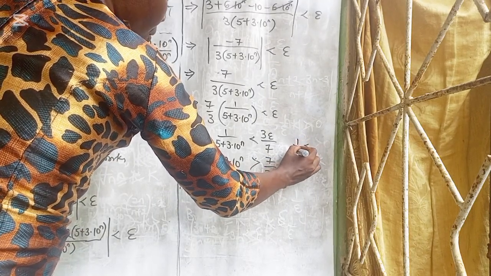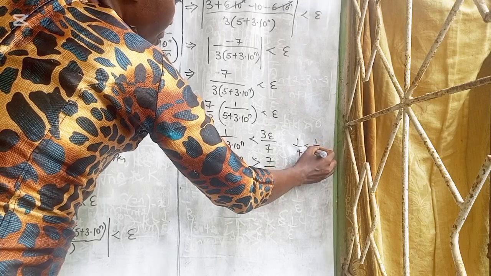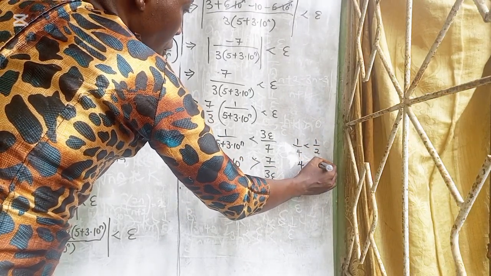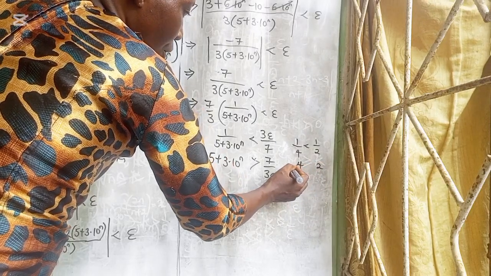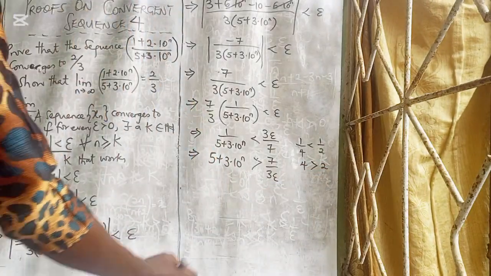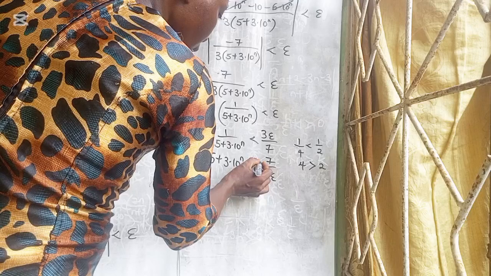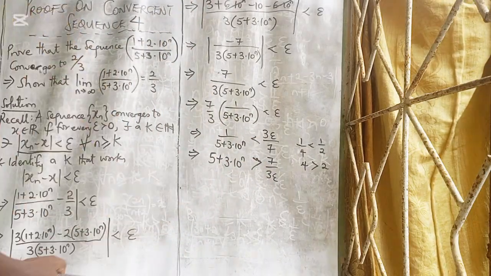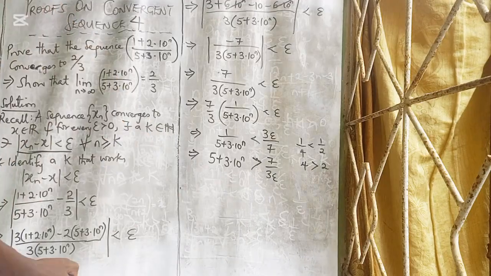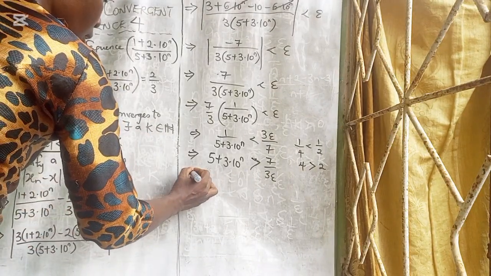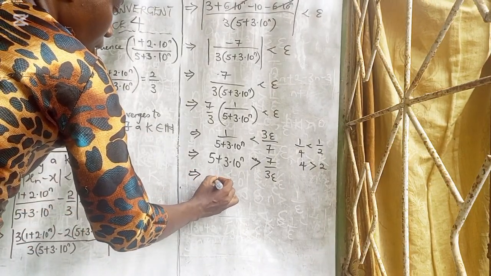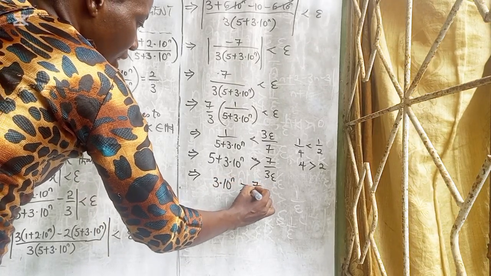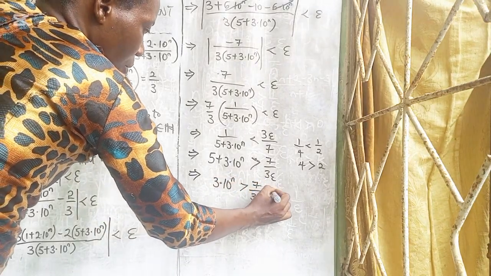For example, 1/4 is less than 1/2. By the time you take the reciprocal of both sides, you have 4 here and 2 here, and it shows that your 4 is greater than 2. That's what happens here: when you take the reciprocal of both sides, this side becomes bigger than that side. This gives me 3 × 10^n greater than 7 over 3 epsilon minus 5.